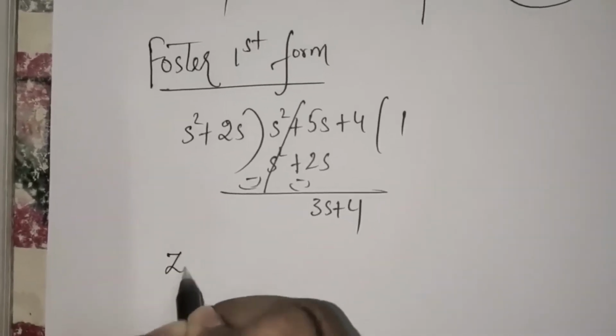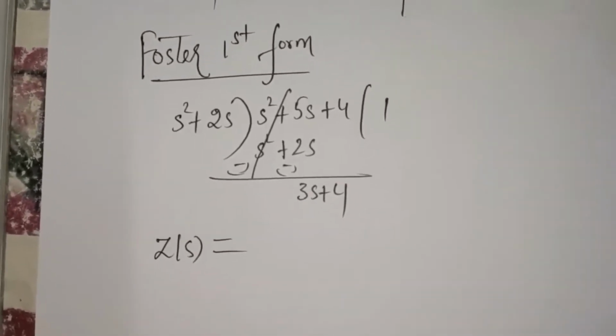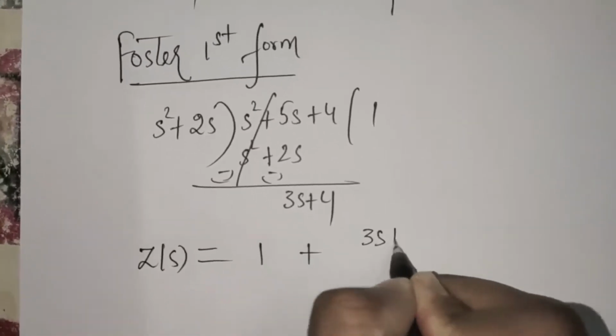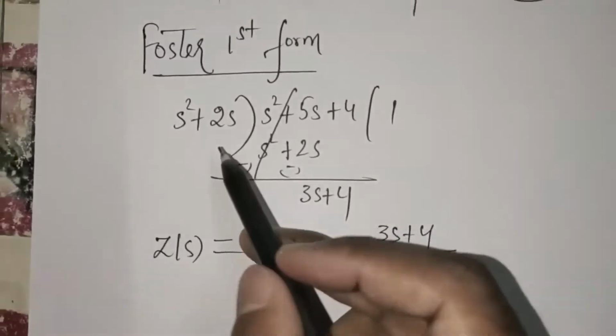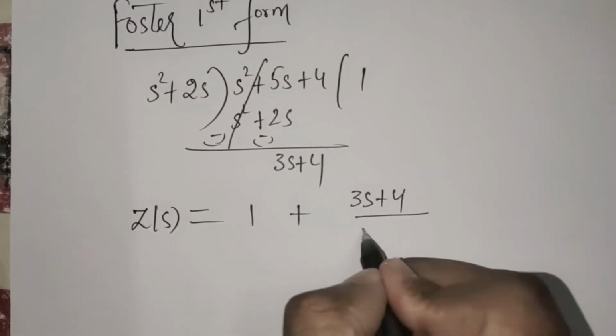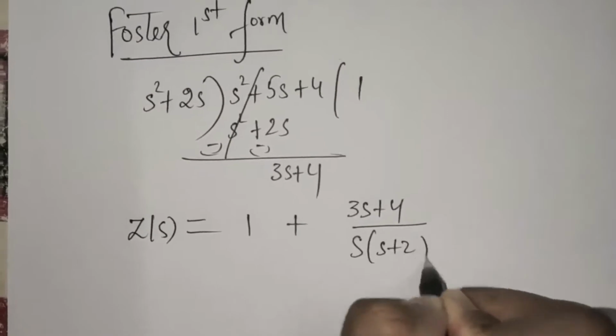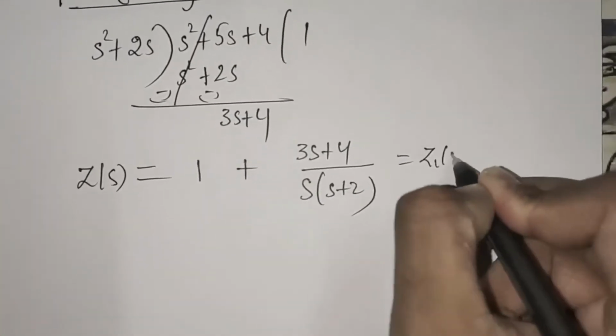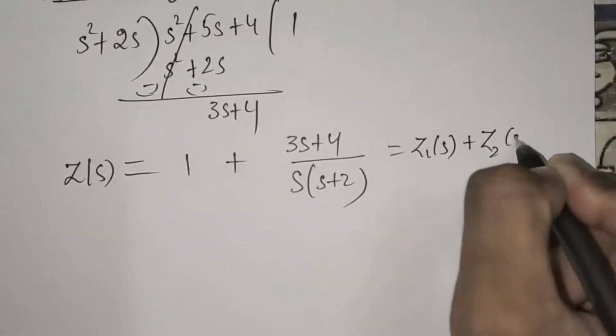So the given impedance function I can write as 1 plus (3s plus 4) divided by s square plus 2s. So that is s into (s plus 2). This I can consider as z1 of s plus z2 of s.